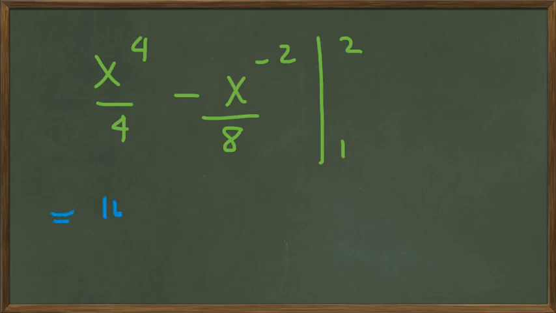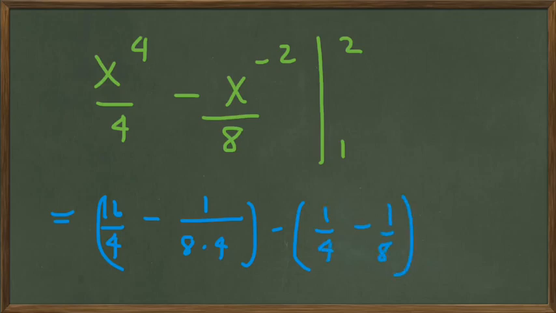We've got 16 over 4 minus 1, x to the minus 2 is squared in the bottom, so it's 8 times 4, and then when we plug in 1, we get 1 to the 4th over 4 minus 1/8, and that actually gives us 123 over 32, which is approximately 3.84.